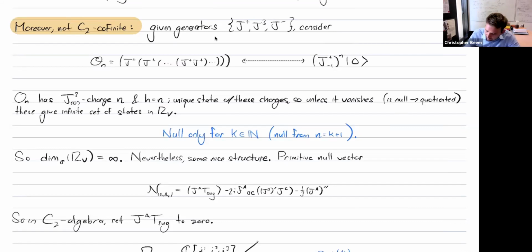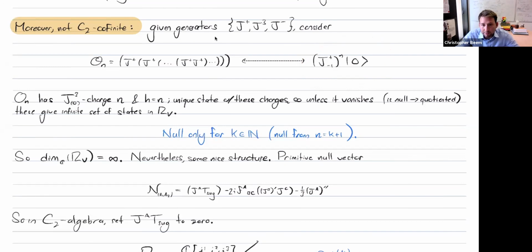And so they're there unless if I compute the norm of one of these states, I get 0. And famously, when I compute the norms of these states, I only get 0 if k is a positive integer. That exactly gives me these integrable levels, of course, that I run into in WZW models.